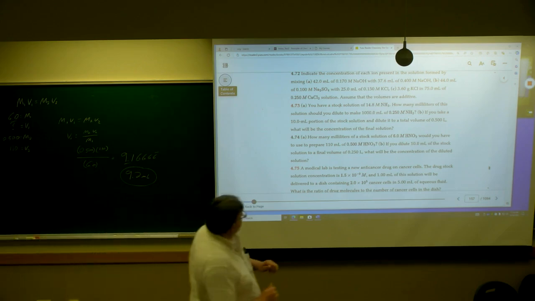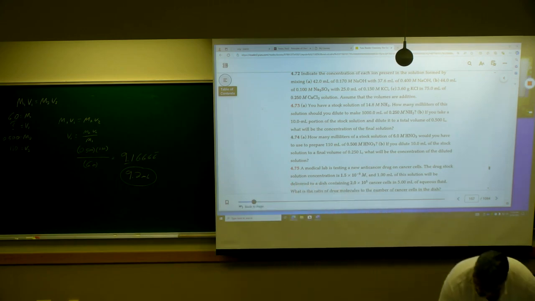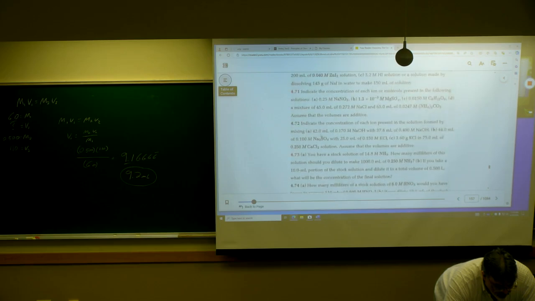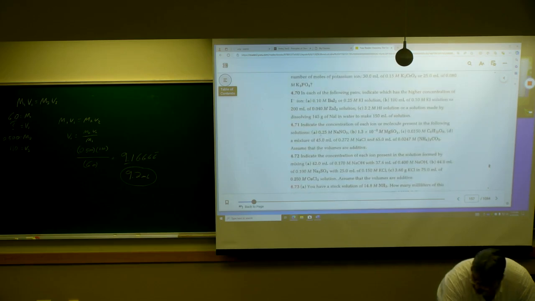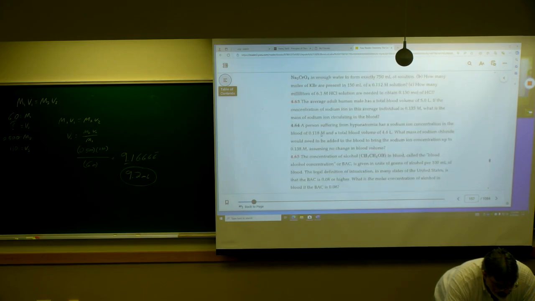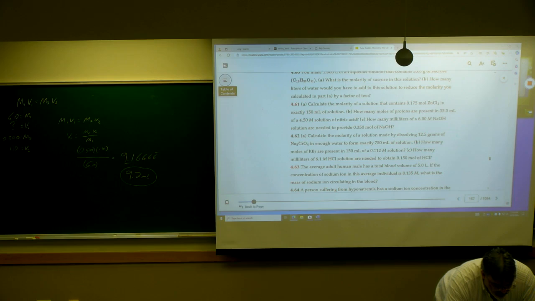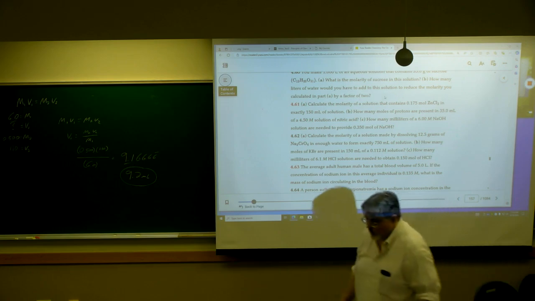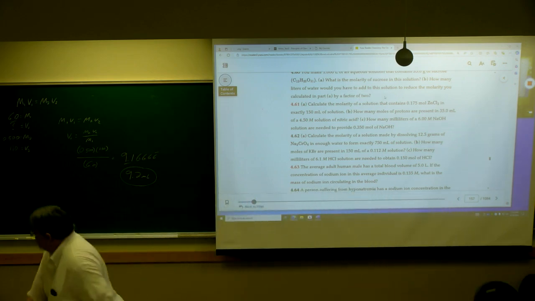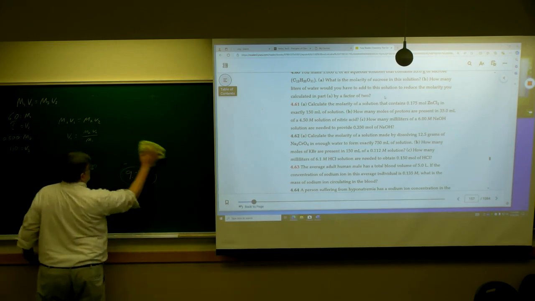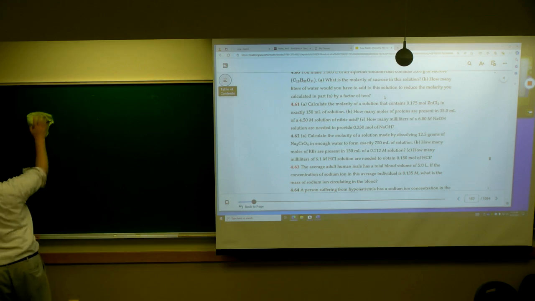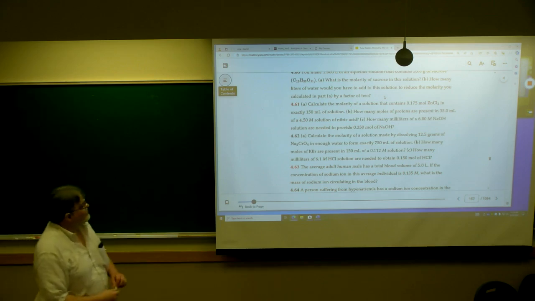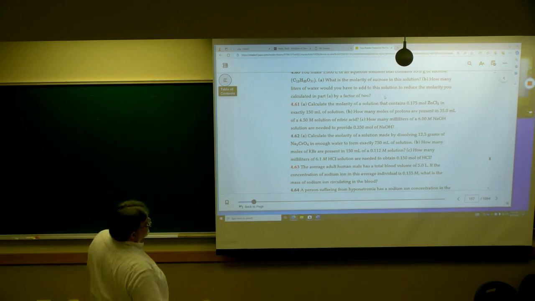The only other variation here, just based on the definition of molarity. I'll just do 4.61. So now it's telling you to calculate the molarity.